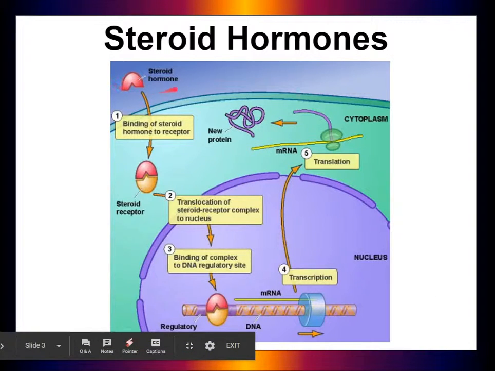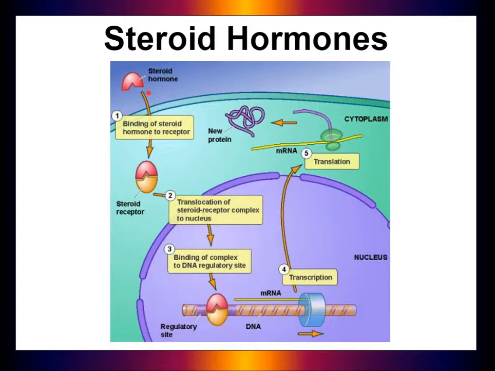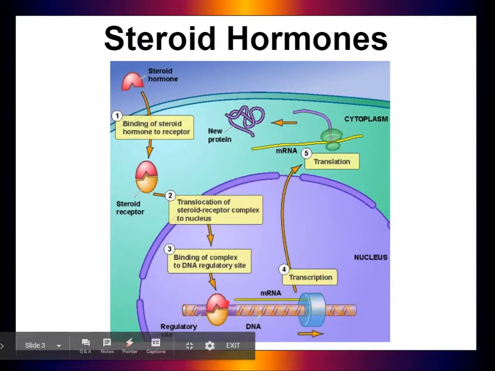So you've got a steroid hormone that is in the blood, and it's going to go through the cell membrane, and it's going to bind to its receptor in the cytoplasm. And then it's going to go through the nuclear membrane. And then in the nucleus, it's going to bind onto the DNA at a regulatory site.